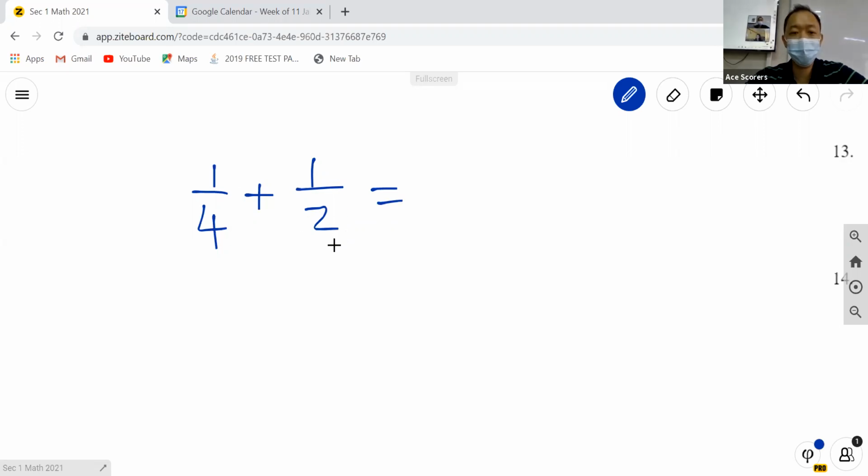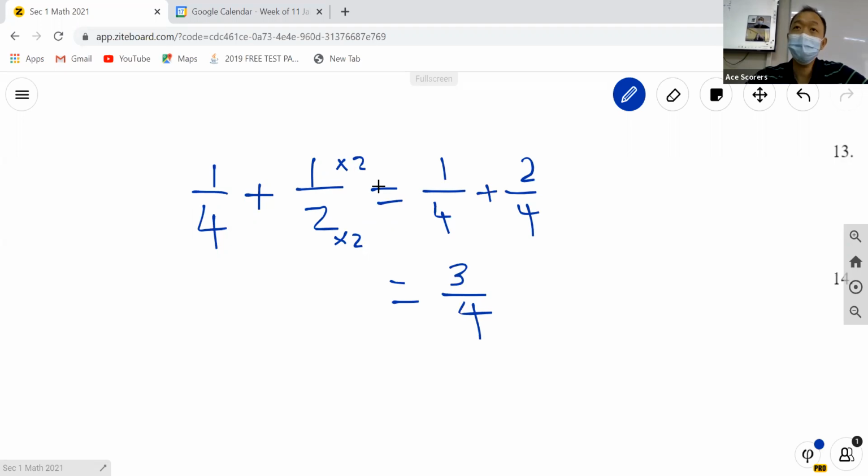So this much times 2, here also times 2, correct? So I will end up with 1/4 plus 2/4. And once the denominator is common, I take the numerator plus numerator, so it becomes 3/4. Got it? This is how you do a number addition. It's the same for subtraction.